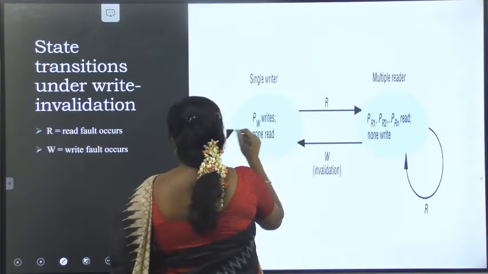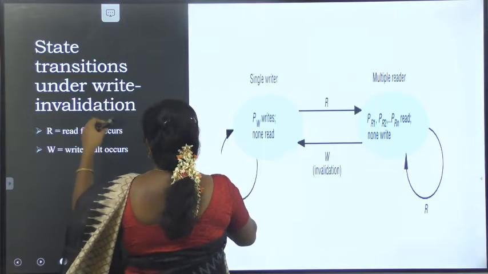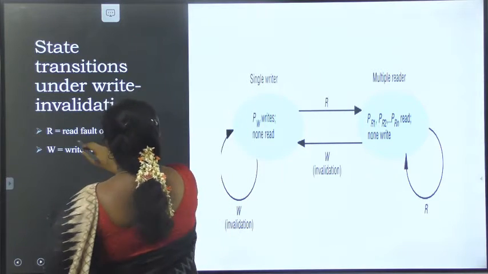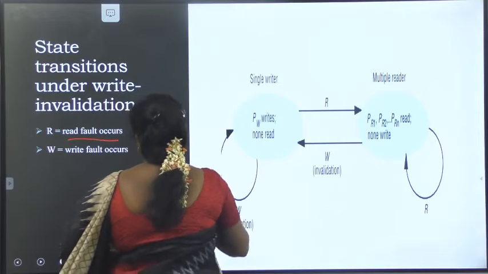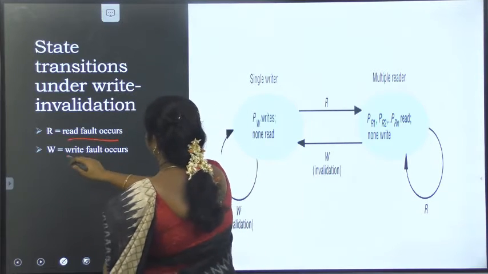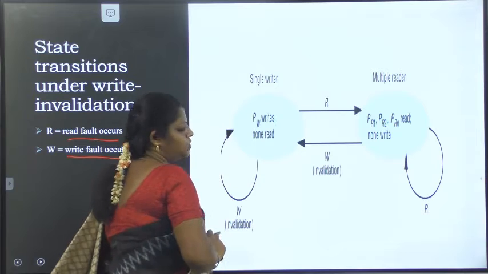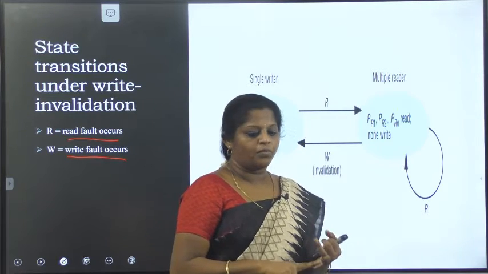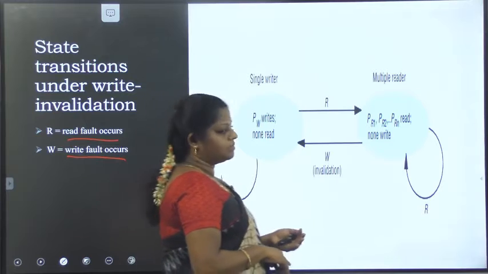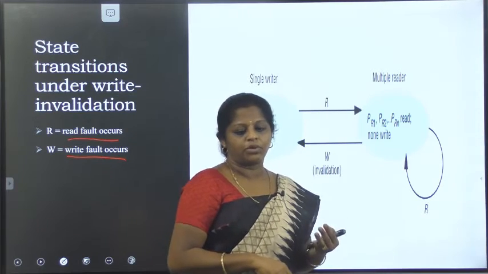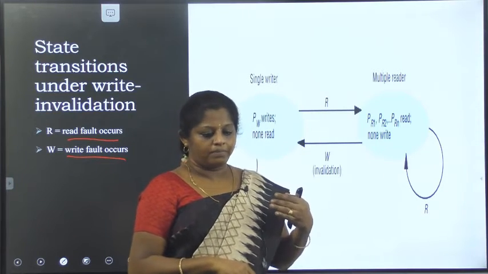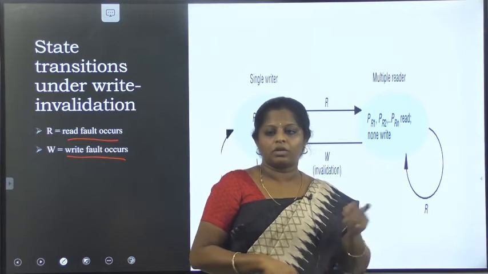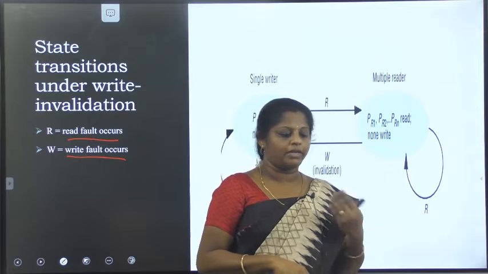So here we can see an example of state transitions under write invalidation. R represents a read fault occurring, W represents a write fault occurring. So we have a read fault as well as a write fault. When a process attempts to write a page P that it has no access or read-only access to, a page fault then takes place.